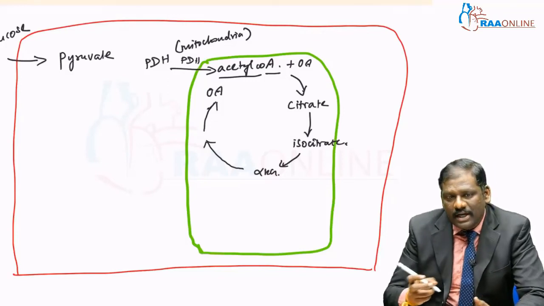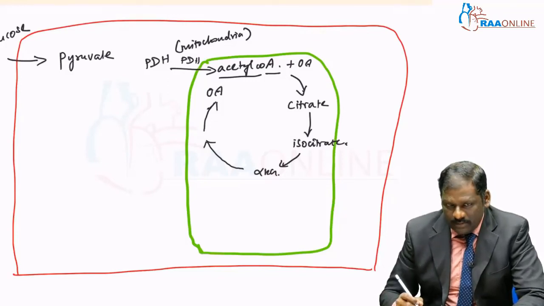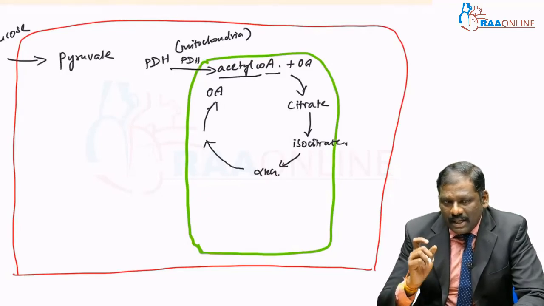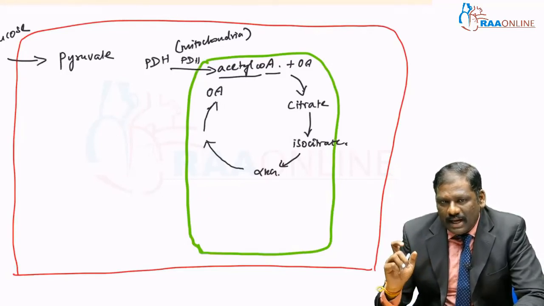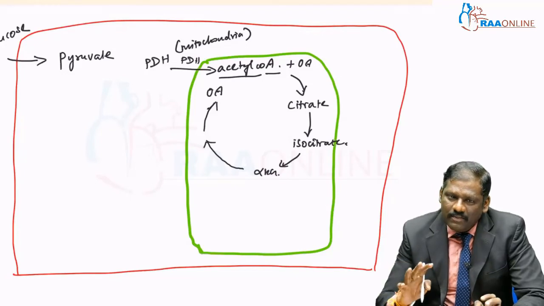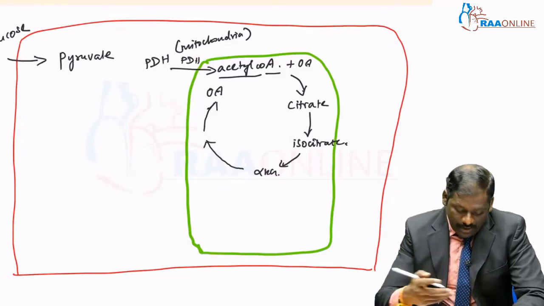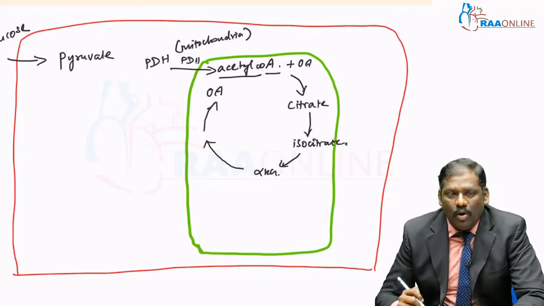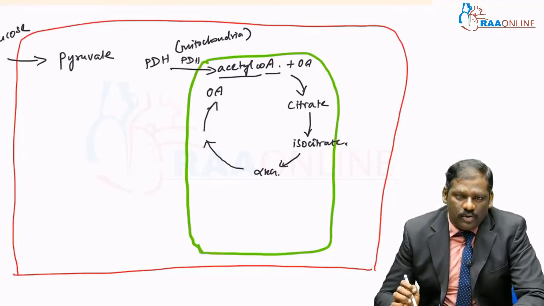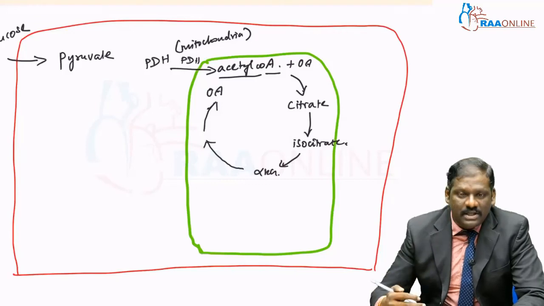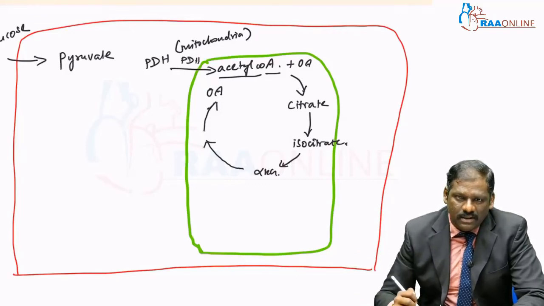Lots of reducing equivalents and ATP will be formed. These reducing equivalents and ATP will then enter the electron transport chain, where they will finally be converted into the total amount of ATP produced by complete oxidation of a glucose molecule. So this is how you generate more energy, more ATP.